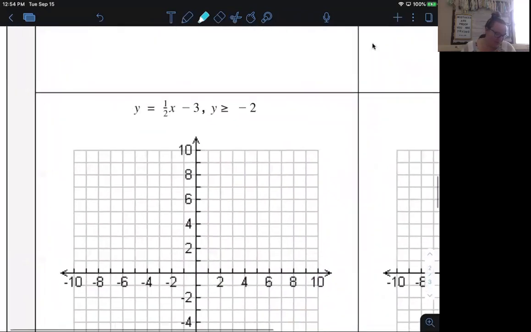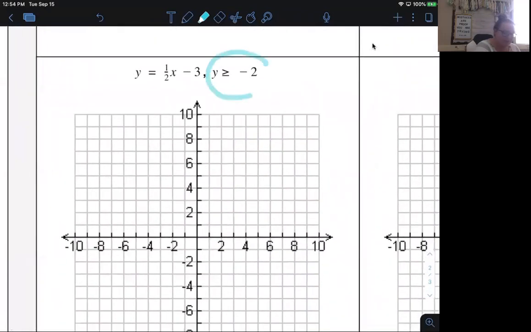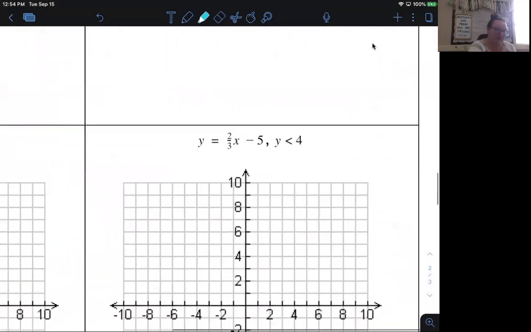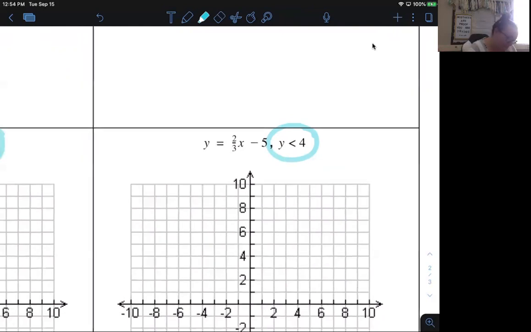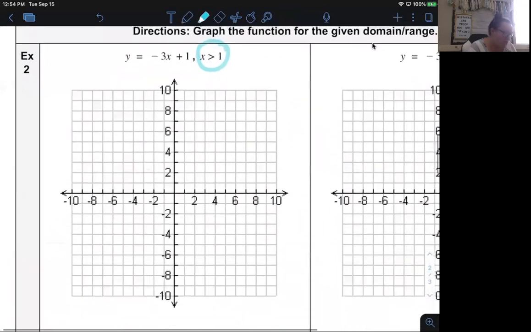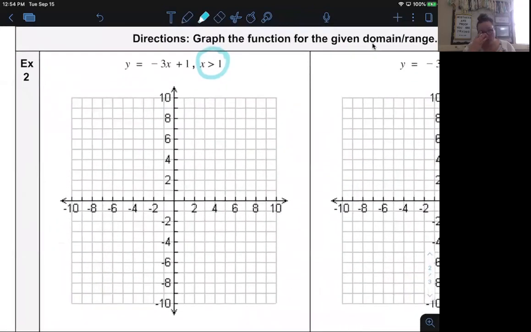For this one, y has to be greater than or equal to -2. And then y will have to be less than 4 for the last one. So there's only one restriction. Y or x either have to be greater than or less than a specific number.